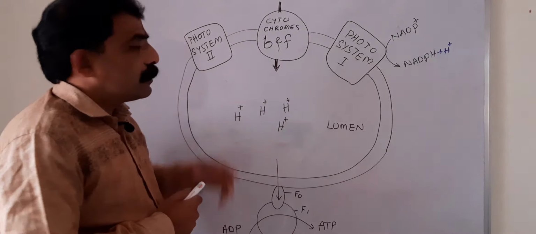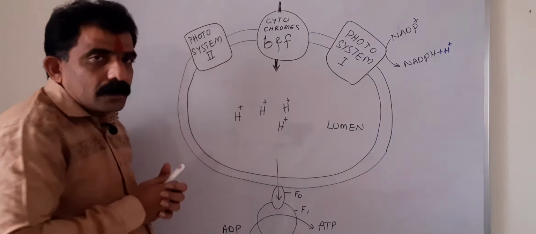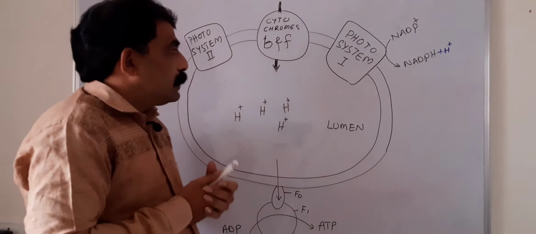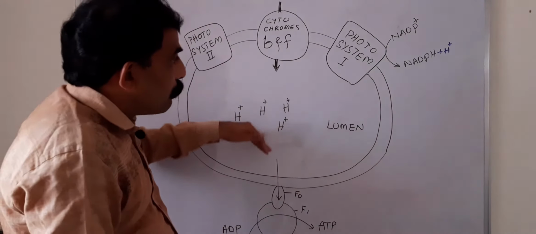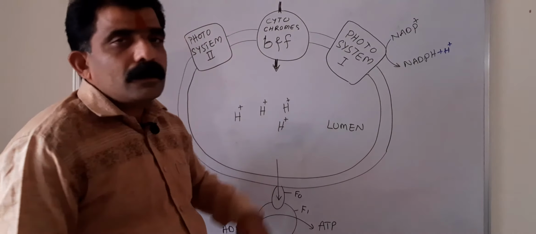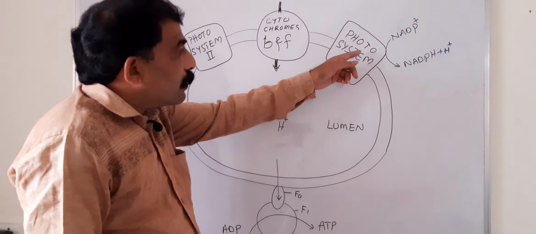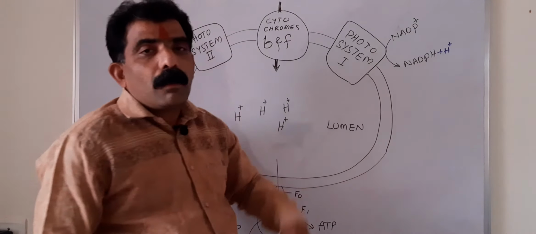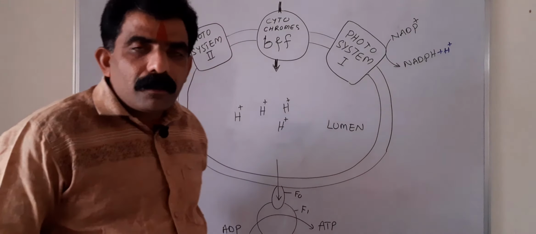At the cytochrome B6F complex, it increases the proton concentration in the lumen and decreases it in the stroma. Even here, it decreases proton concentration in the stroma by removing protons for the reduction of NADP.